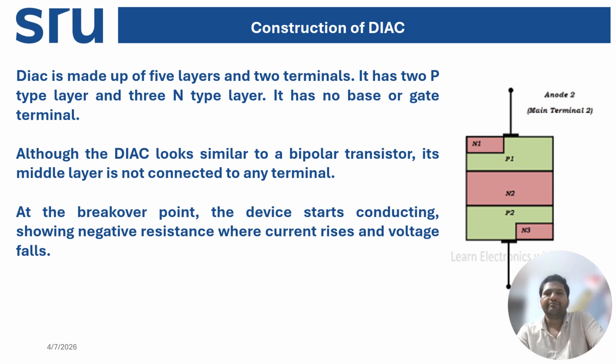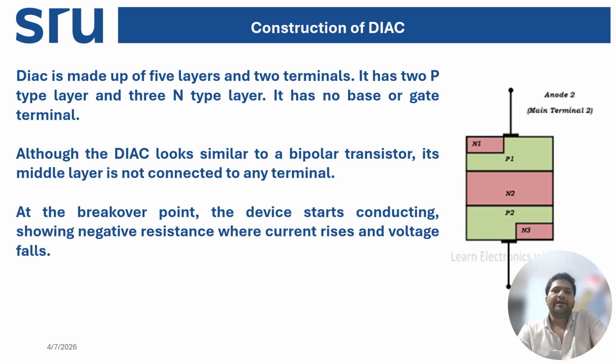The most important feature of DIAC construction is symmetry. Both sides of the device are identical in structure and doping. This symmetry allows the DIAC to conduct equally in both directions.